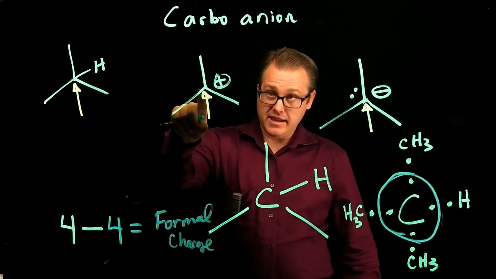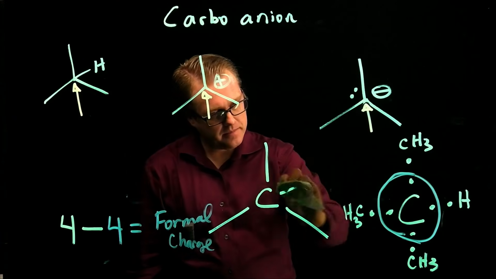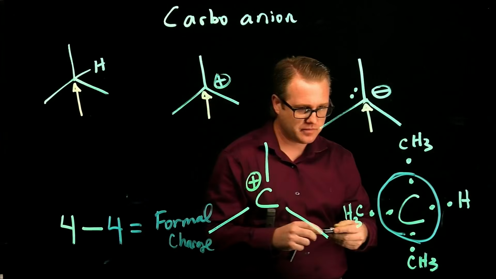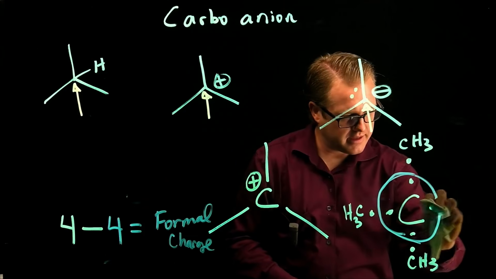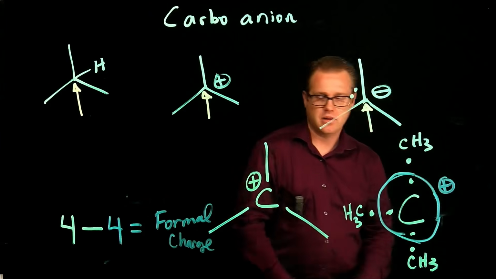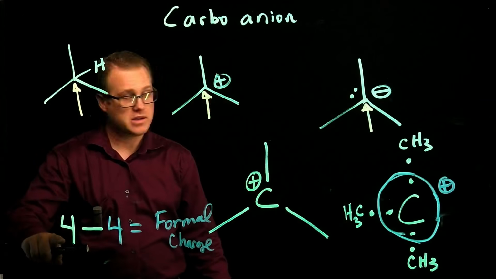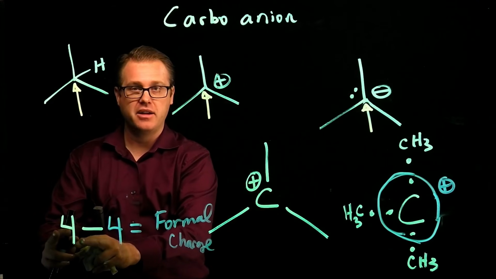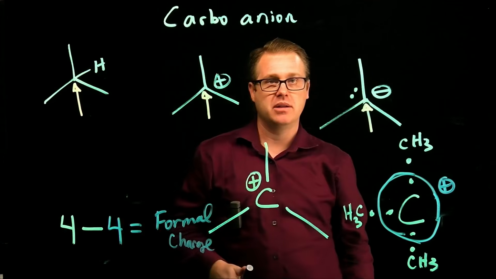Now, if we take a look at this carbocation, we are going to have to erase this guy. We're going to have to put in the formal charge. And so that means this guy no longer exists. And now, this formula is the same all across the board, because the first number in this calculation is how many valence electrons the carbon atom is supposed to have.